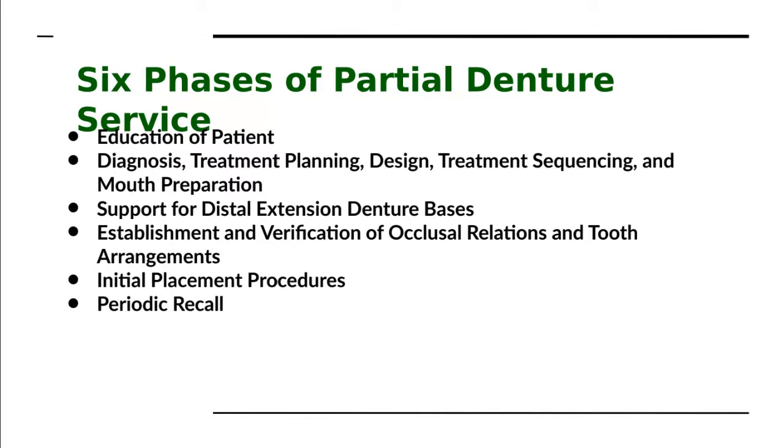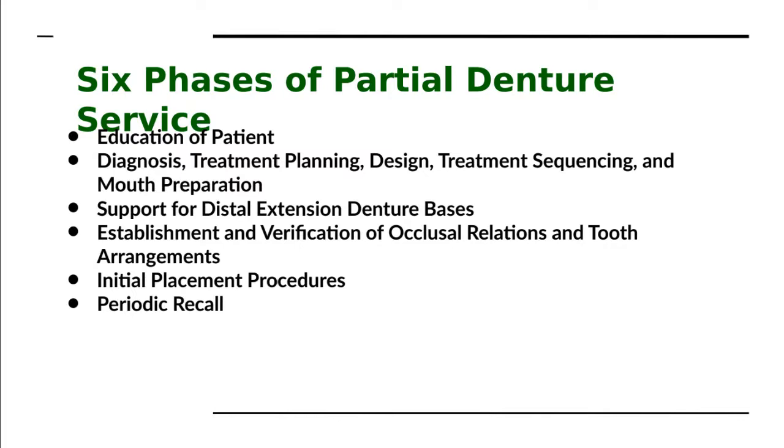Then, if any mouth preparations are required, you send them for endo, restorations, then FPD, crowns, and later on bridges if bridges are required. Then finally, you start with your removable partial denture. By chance, if you see a tooth supported RPD, it is a bit easier when compared to a tooth and tissue supported RPD.